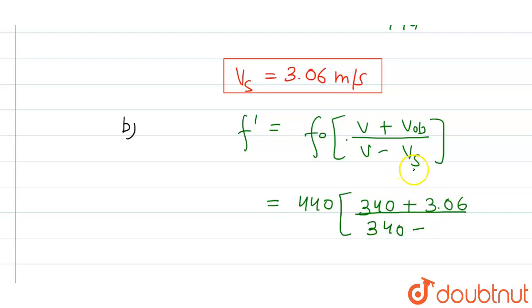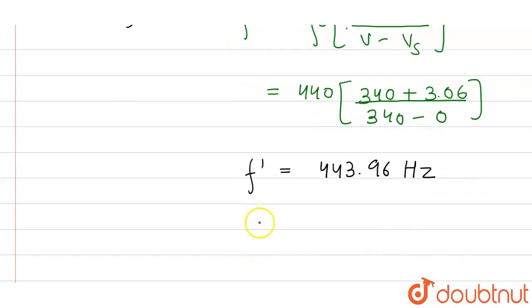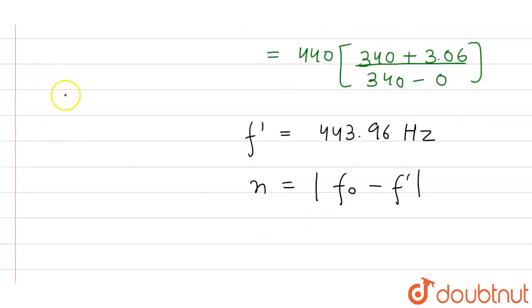The source is the person on the track, who is stationary, so it is 0. From here we get F dash as 443.96 Hz. The beat frequency is the mod of F naught minus F dash, which is 3.96, approximately equal to 4 beats per second. This is our answer for the B part.